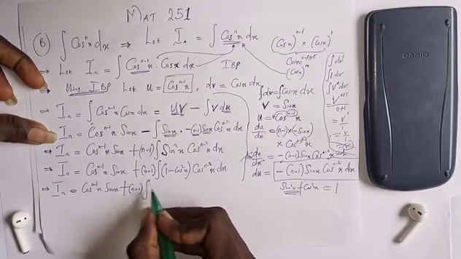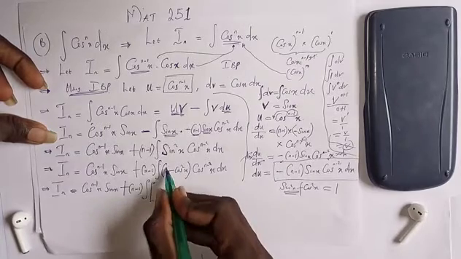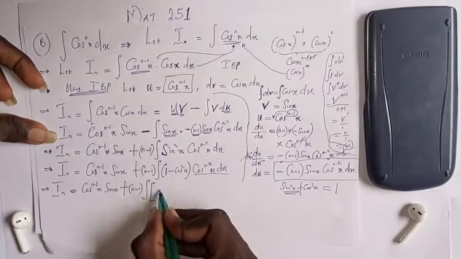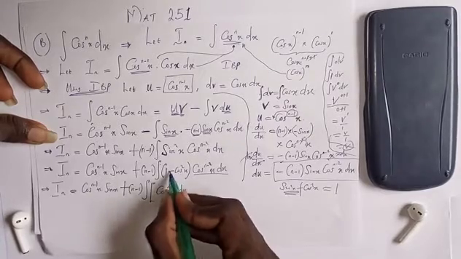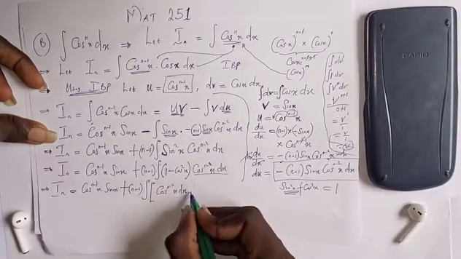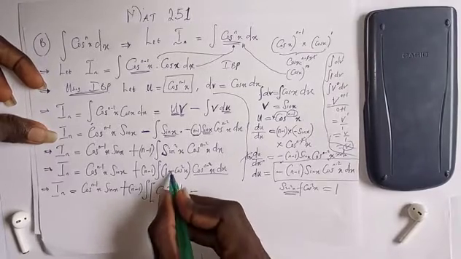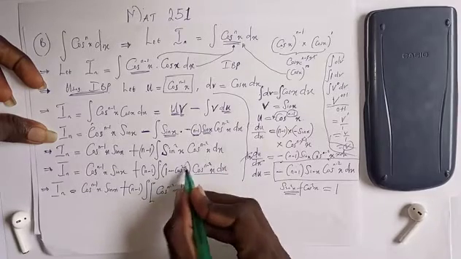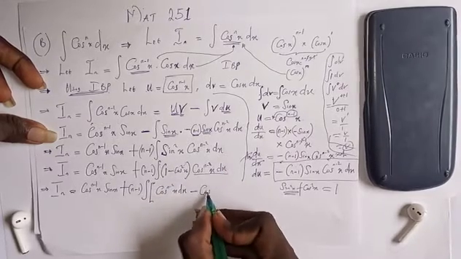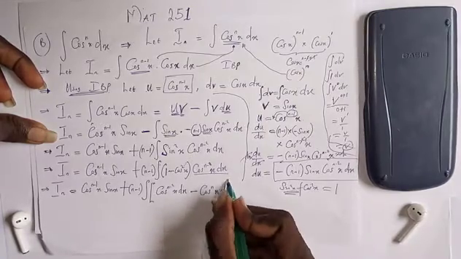This is integral, so I want to expand this bracket, leaving us with 1 times the whole of this. That gives me cos n minus 2 of x dx, right? Then minus cos square x times the whole of this. I will end up having minus, minus times plus is minus, then this multiplied by this, when you add up the powers, 2 plus n minus 2, I will end up having just n left, cos n of x dx.